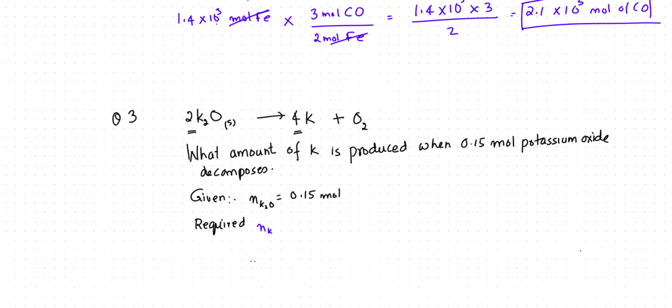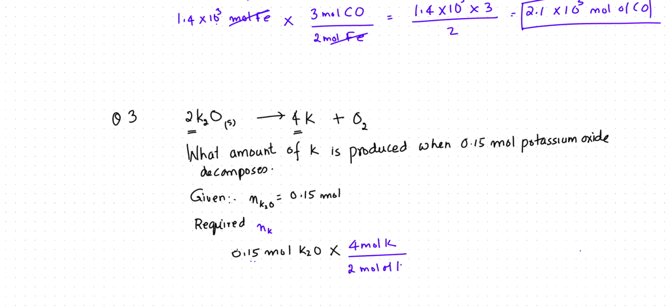moles of potassium oxide, K2O, times mole ratio. So the mole ratio is between potassium oxide and potassium. We have to find the number of moles of potassium, so we write potassium at the top: 4 moles of potassium. They require 2 moles of K2O, so 2 moles of potassium oxide.